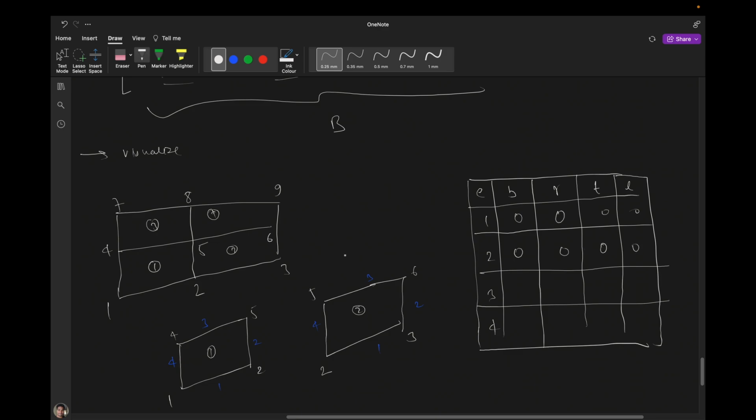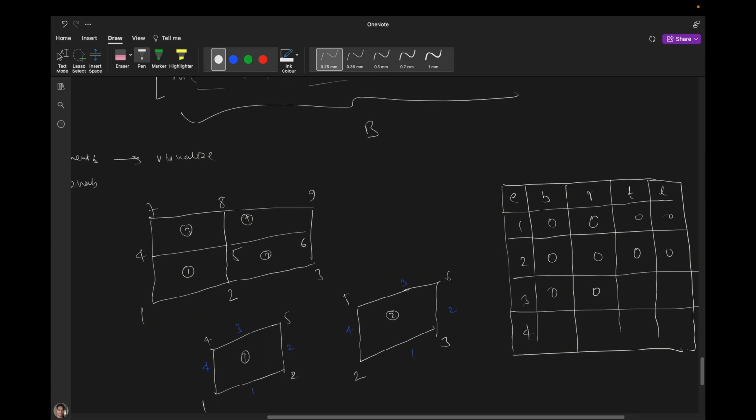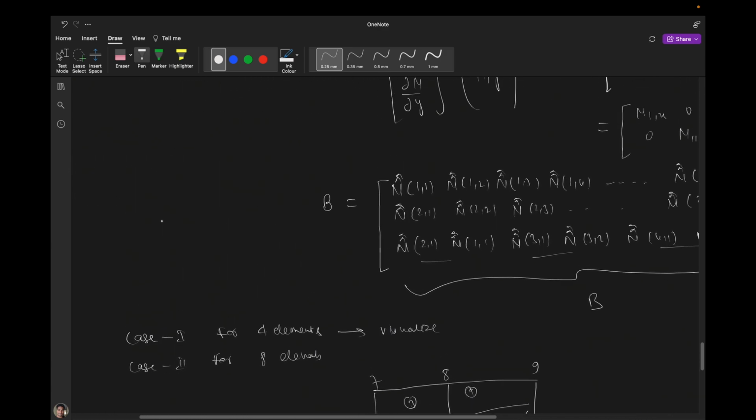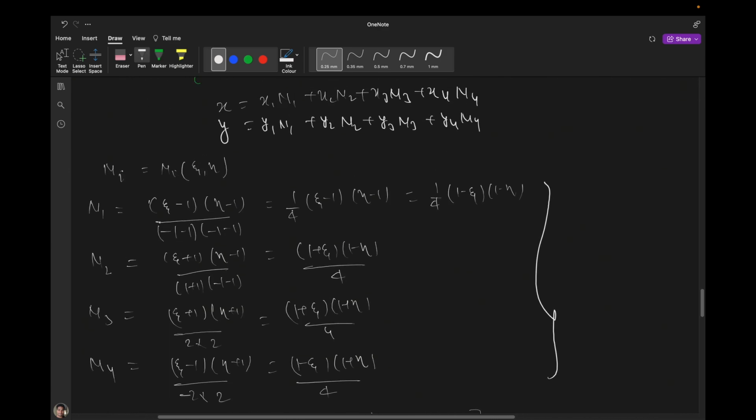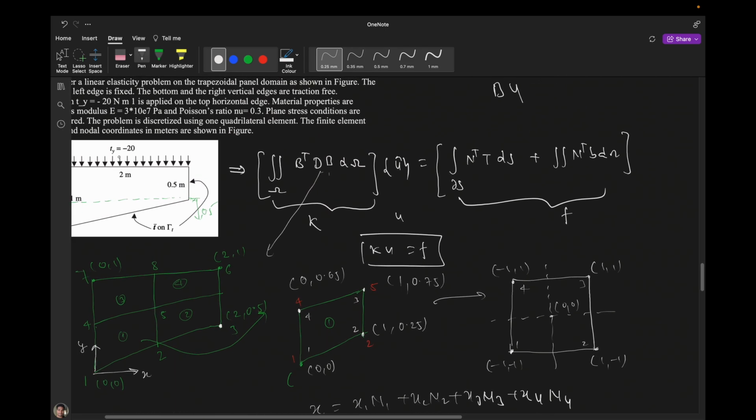But for element number 3 we can see that the bottom edge has zero traction, here also there is zero traction, but on edge number 3, the top edge, it has a traction boundary condition, and the value is 20.